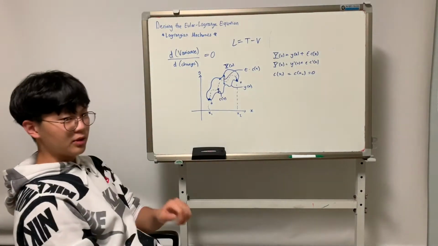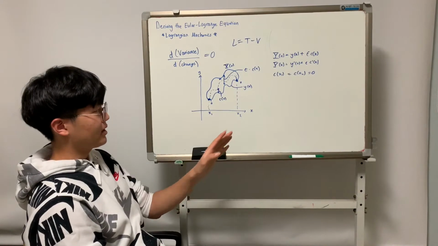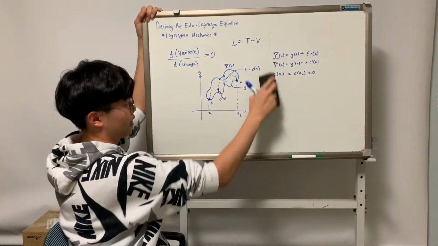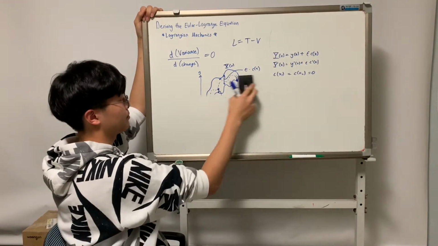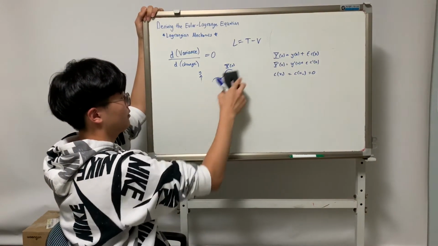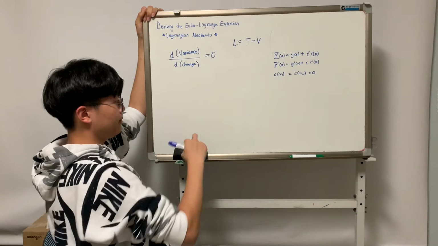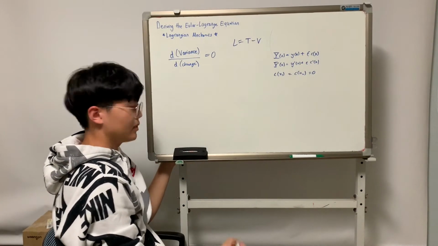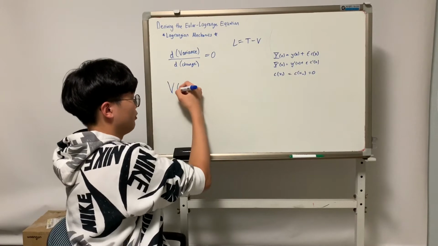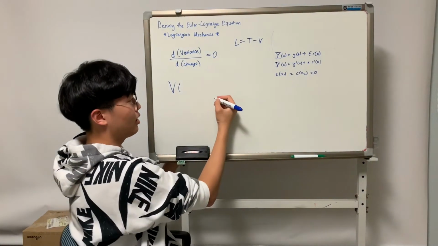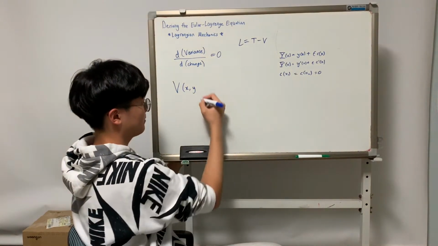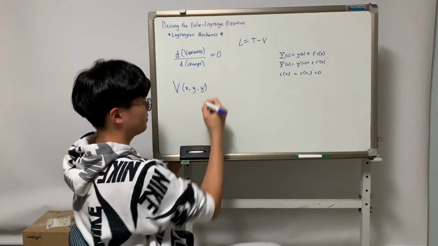All right, let's go back. Okay, now we have extracted everything from this graph, and we have these expressions over there. Now let's say a variance, which is a function L that depends on x, y, and y prime.